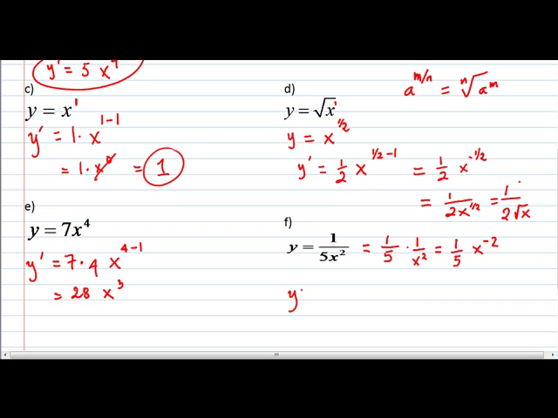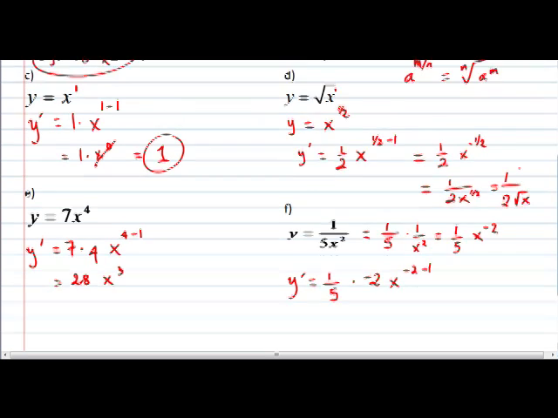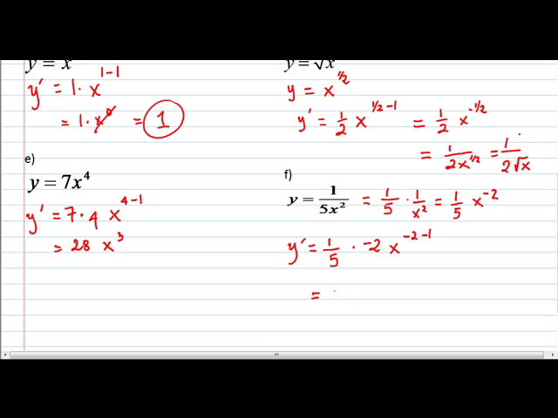Now it's easier for us to do y prime. 1/5 stays the same. Multiply by minus 2 times x to the minus 2 minus 1. So we have minus 2 over 5 times x to the minus 3. And I can rewrite this as minus 2 over 5 x to the cube power. So that is our answer.